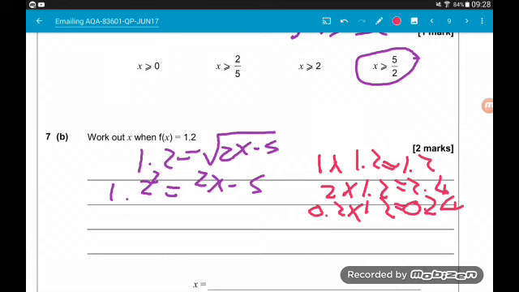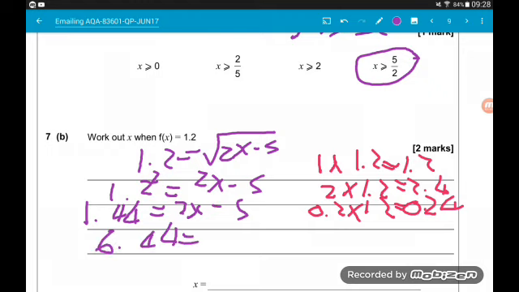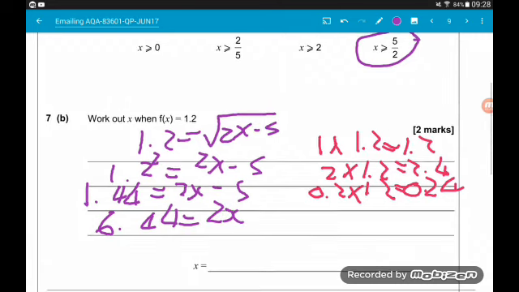So 1.2 squared in total is 1.2 add 0.24, which is 1.44. So 1.44 equals 2x minus 5. Add the 5, 6.44 is equal to 2x. And then finally divide by 2, we get x is 3.22.